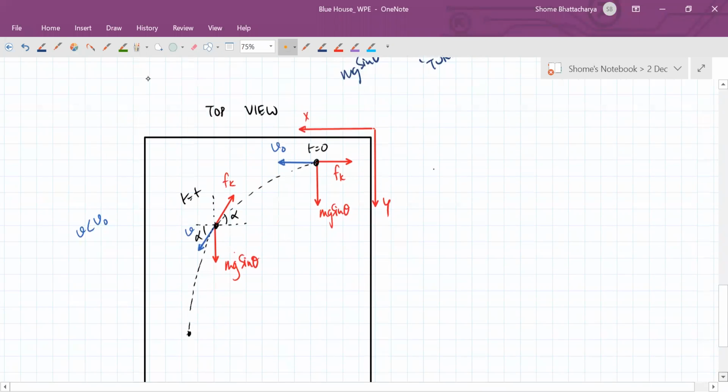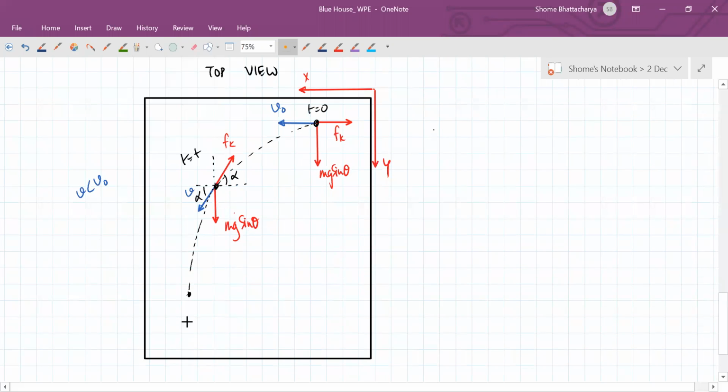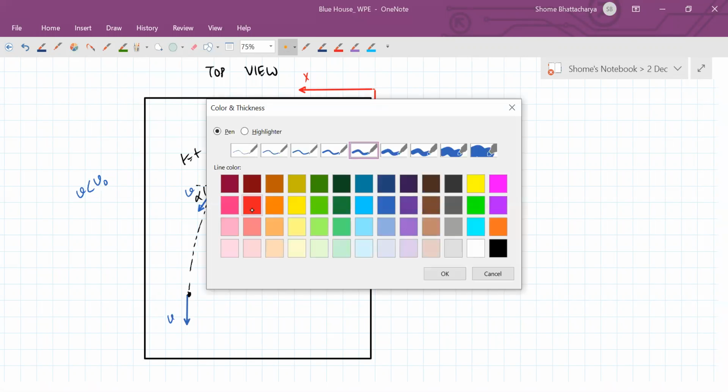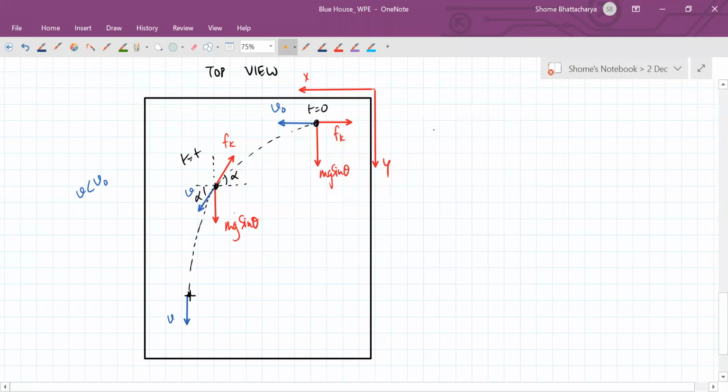They become in the same direction. So when that happens, your acceleration becomes zero because mg sine theta balances friction.